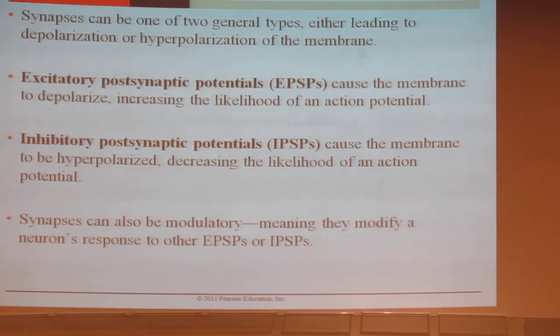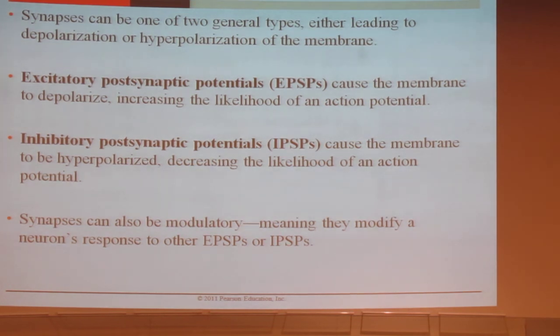And also, again, ask yourself this question. If you want to generate an action potential, which one of these would you have to have in a higher concentration? If you want to generate an action potential, you're going to want to see more of these. If you want to slow down, or possibly even stop, in other words, don't allow the signal to move any further, what would you produce in high amounts?